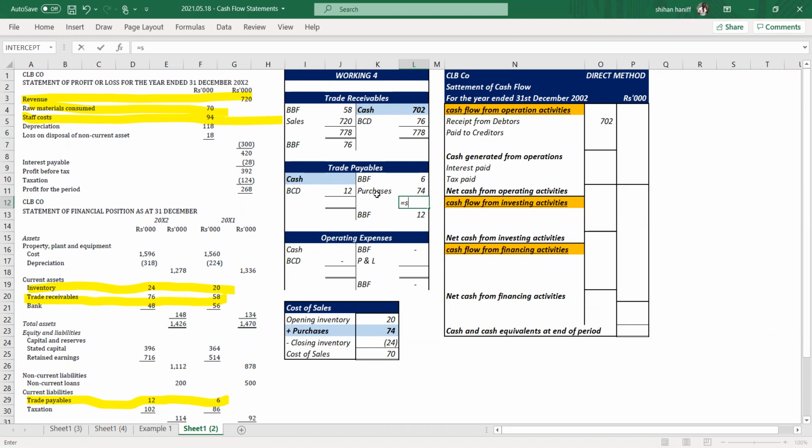And the difference, 80 minus 12, 68. Then we have to calculate expenses paid. Profit and loss, only the staff cost is given. 94.